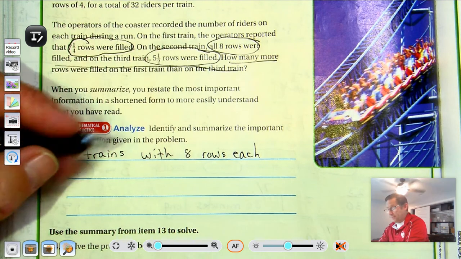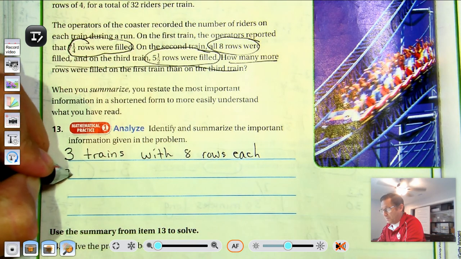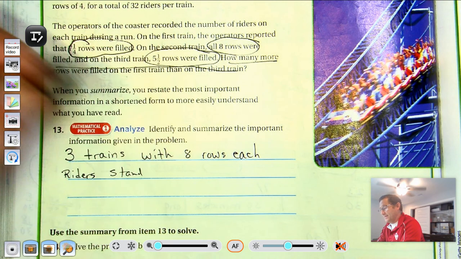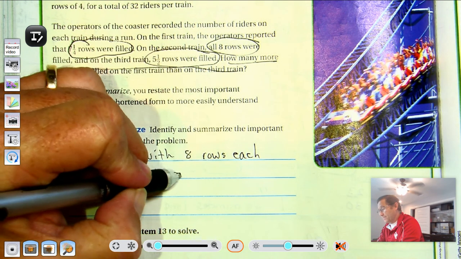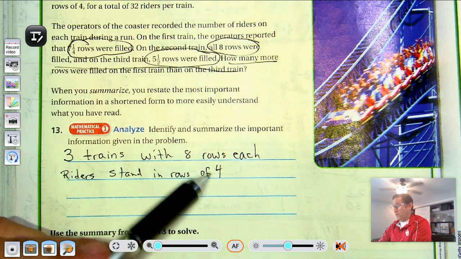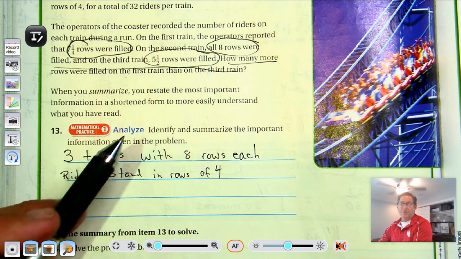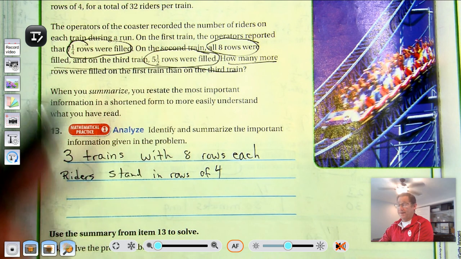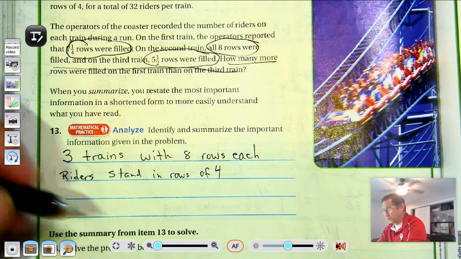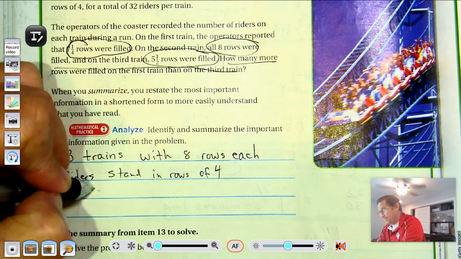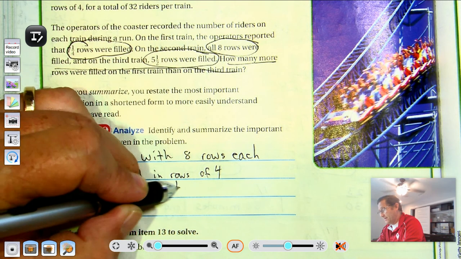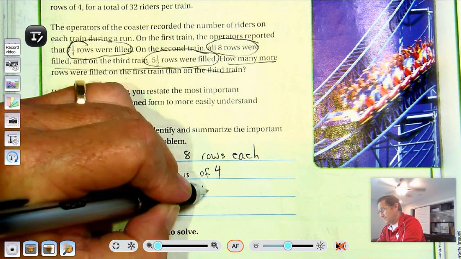They also told us riders stand in rows of 4. So 8 rows of 4, I can have 32 riders per train. All right, what else is important? Well, we know that the first train was 7 1/4 filled.